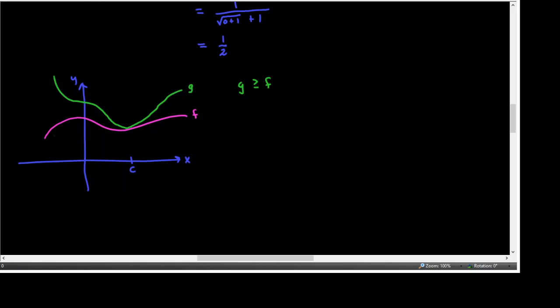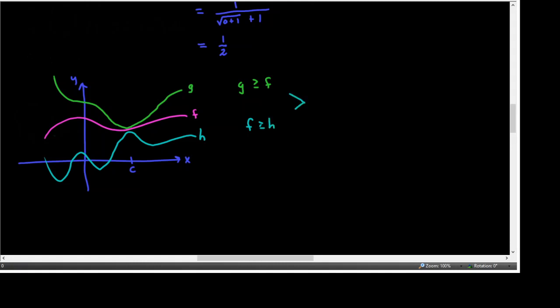And then let's say there's another function, we'll call it h. And the thing that we know about h relative to f is that f is always greater than or equal to h.